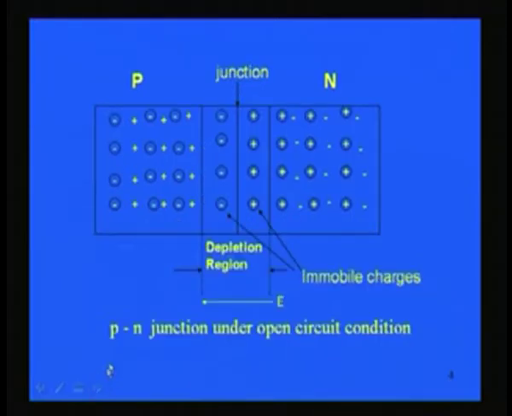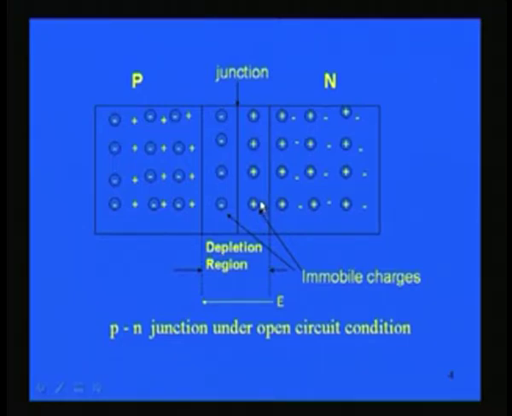But now, because of the recombination of holes and electrons, the charges of the ions become uncovered. That means along with them there are no carriers. So, they are now uncovered negative charge on the p side, and uncovered positive charge on the n side.